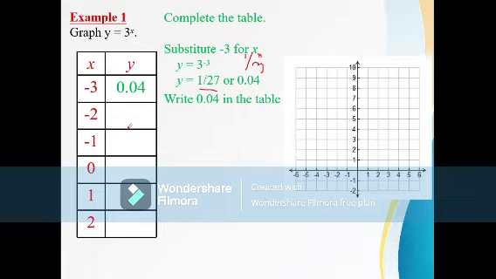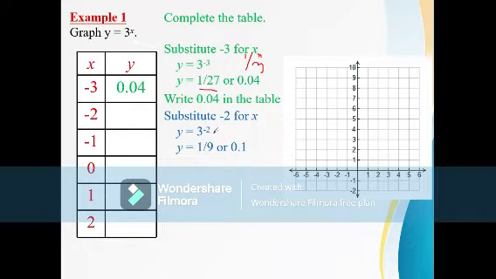Now let's proceed to the next. Substitute -2 for x. So if our x is -2, what is the value of our y? So go back to our exponential function, y is equal to 3 to the power of x. Our x is -2.